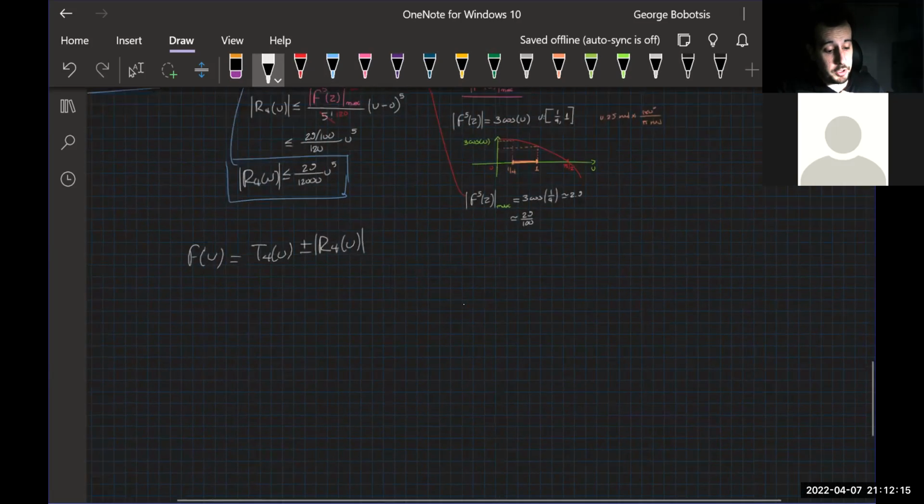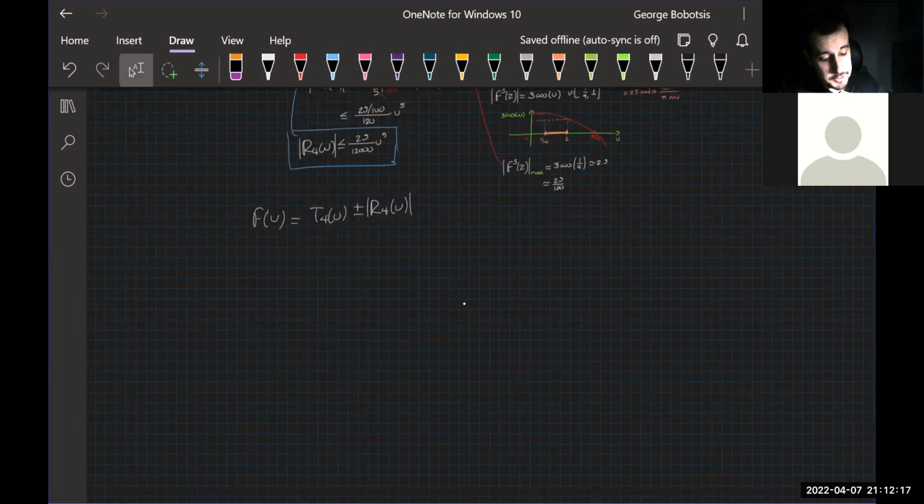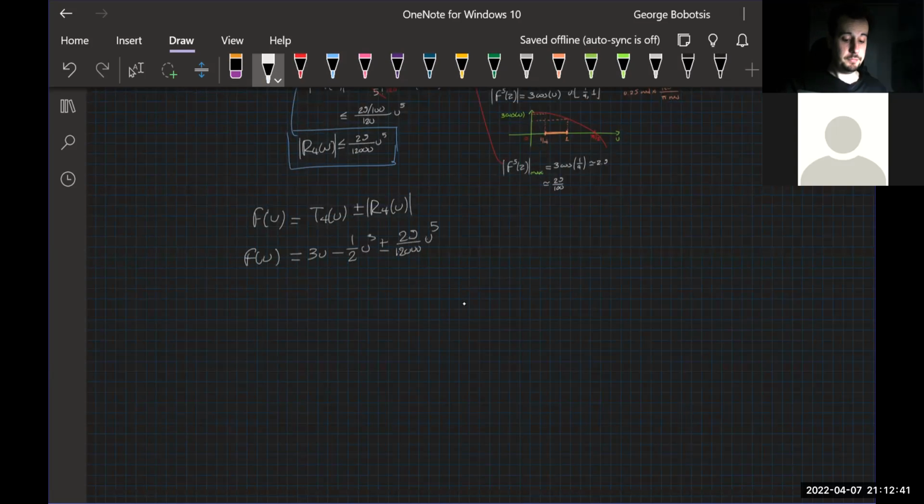So we're going to put in 3u minus 1/2 u cubed, and then plus or minus 29 over 12,000 u to the fifth. This is actually now f of u. Beautiful.